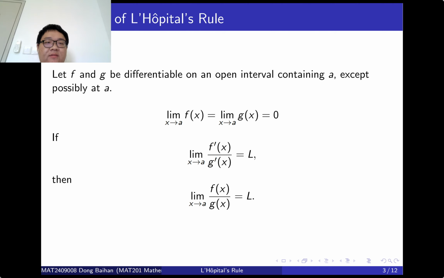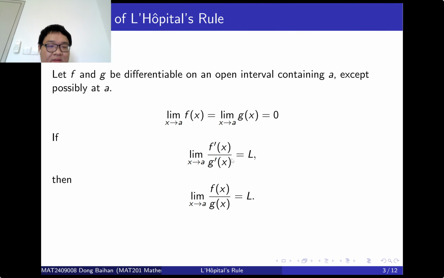Okay, let's look at the statement. What is L'Hopital's rule? Let f and g be differentiable functions near point a, in an open interval except possibly at a. Suppose that both f(x) and g(x) approach 0 as x approaches a.